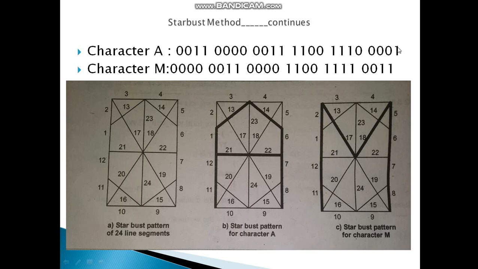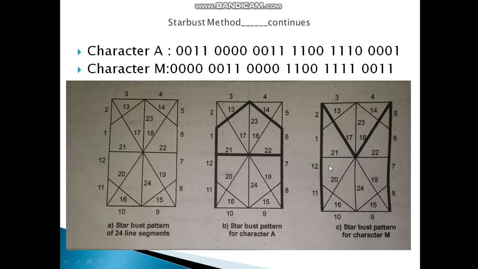This line is 1, then 2, 3, 4 are 0 because those line segments are not part of the character A. So that's why the value is put as 0. This starburst method is used for drawing a character on our screen.